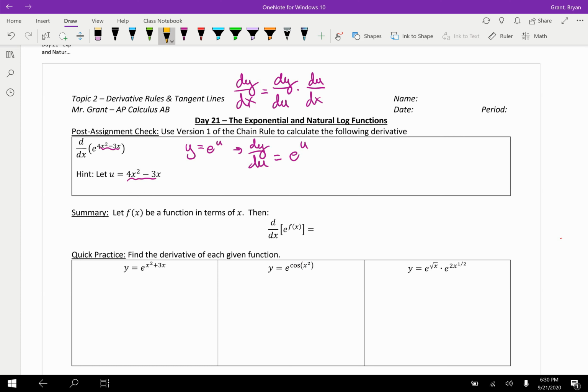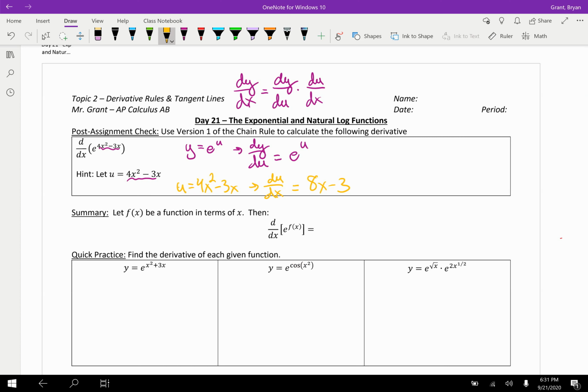However, we also have the u substitution, which is u equals 4x squared minus 3x, which implies that the derivative of our u substitution with respect to x is 8x minus 3.